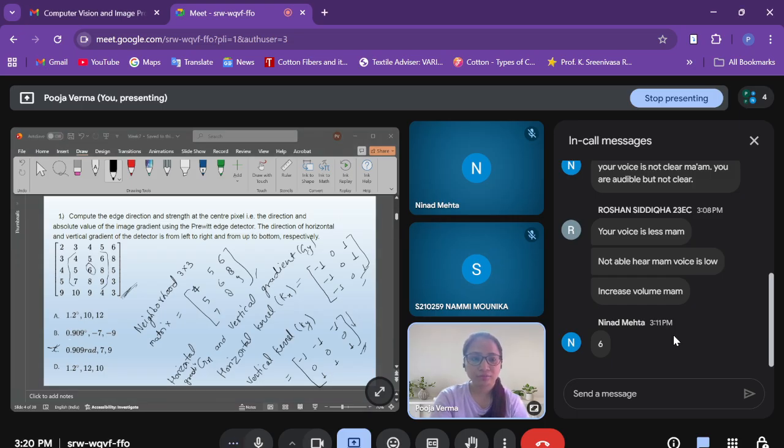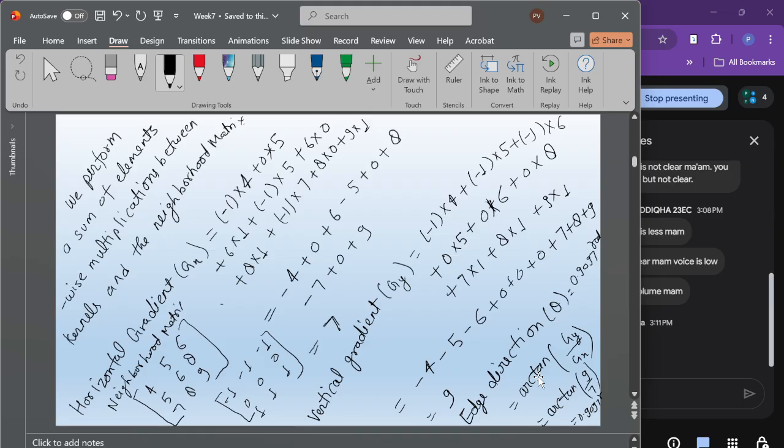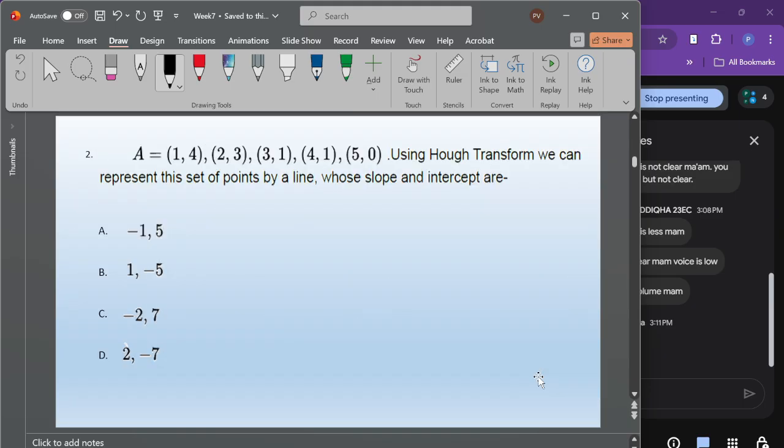Okay. So yeah, have you understood this question? I hope all of you have understood this question. Now moving to our next question.